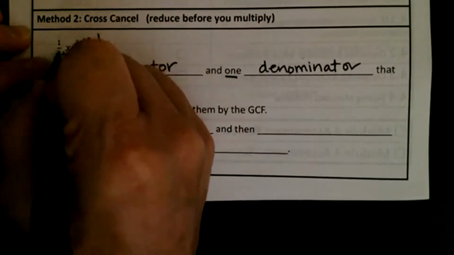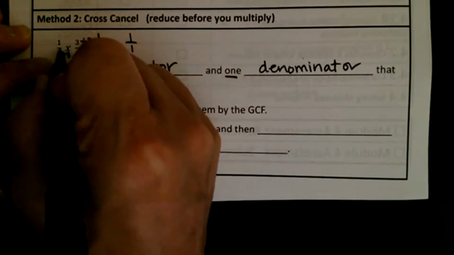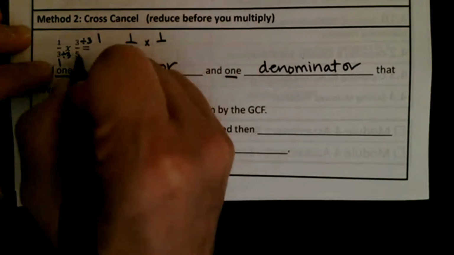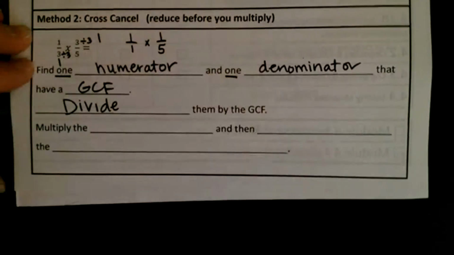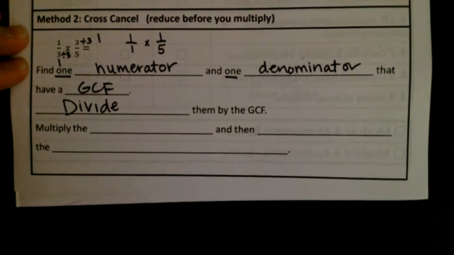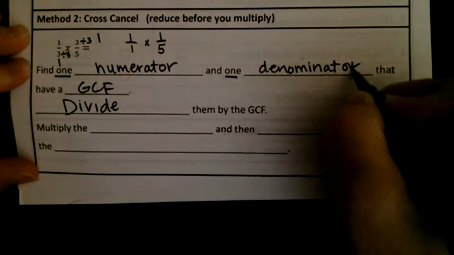So now what I have is 1 over 1 times 1 over 5. Now that part might have been a little tricky, so you might want to rewind and watch the last 30 seconds again. I basically reduced the fraction before I multiplied by using the greatest common factor for one numerator and one denominator, okay? That's important.